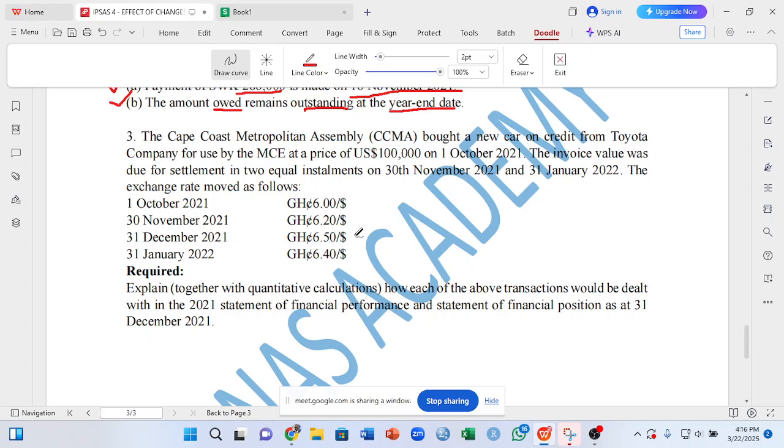Yeah, hand is up. Go ahead, please. Our functional currency is the Ghana cedis, and the foreign one is the US dollar. How do you know? Because in this question they didn't mention currency this, currency that. So how were you able to determine it?